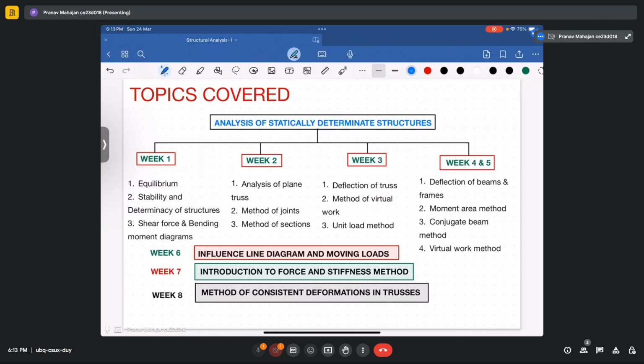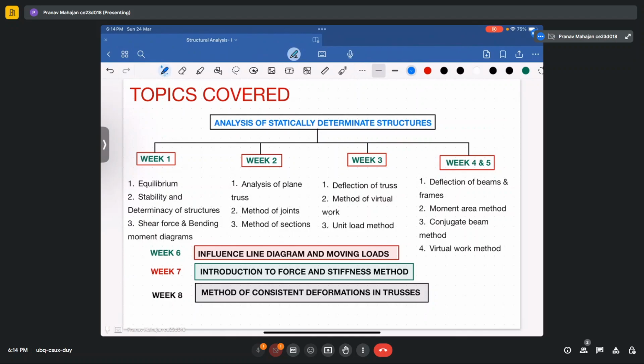For the statically determinate structures, we have started with using the equilibrium equations and determining the reaction at different points of the beam, and then determining the shear force and bending moment diagram at different points of the section. Then we have moved to the truss members.